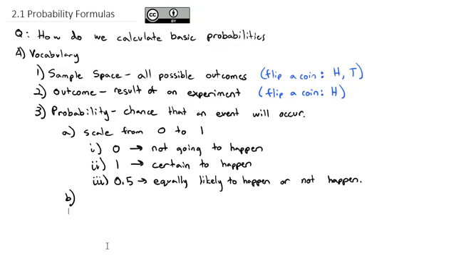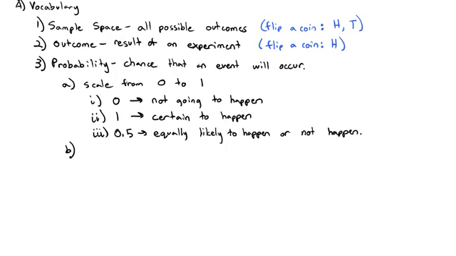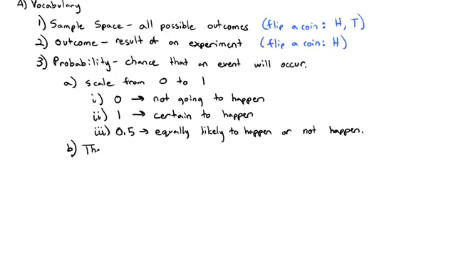And there's two types of probabilities that we're going to be looking at. The first is called the theoretical probability. Which basically says what we expect to happen or what should happen.